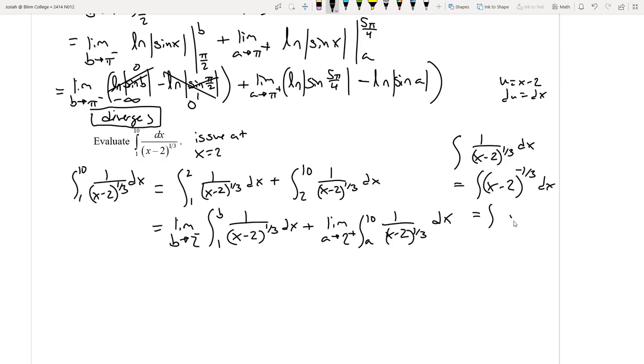So we got x minus 2. We add 1, so we get to the 2/3. We divide by 2/3, sorry, and that gives us 3/2. So that is our integral, so I don't need to write the dx anymore. So x minus 2 to the 2/3 times 3/2.